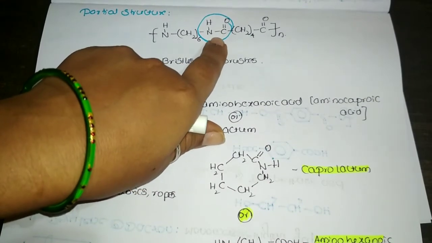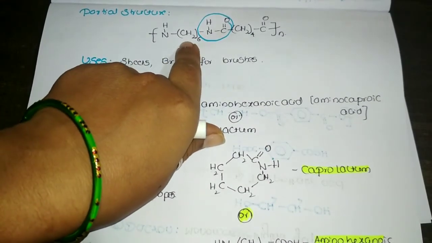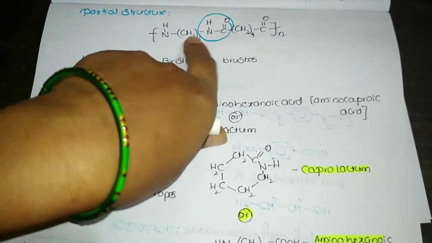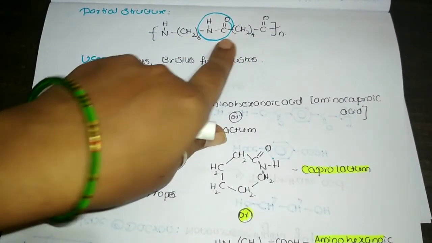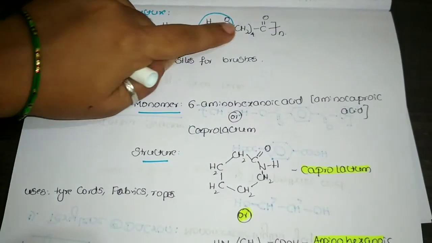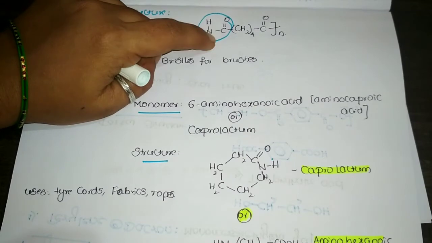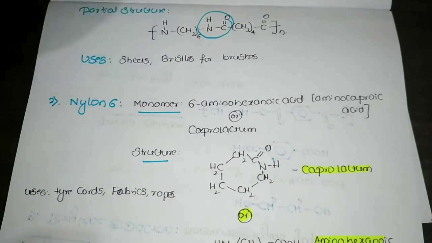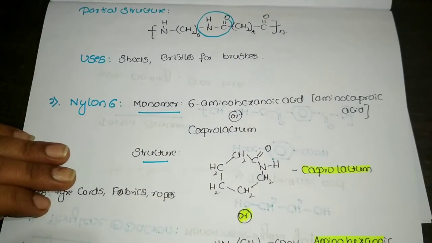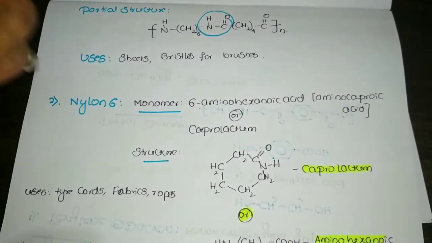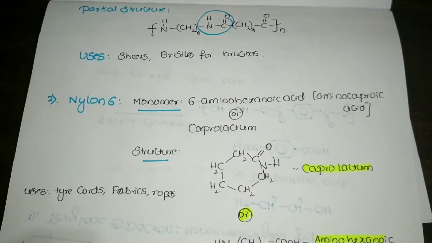You can see when hexamethylene diamine and adipic acid undergo polymerization, there is a formation of a CONH bond. This CONH is nothing but the amide bond. Like this, n number of amide bonds will be formed. Some of the uses are in the preparation of sheets and the bristles for brushes. These are the applications.